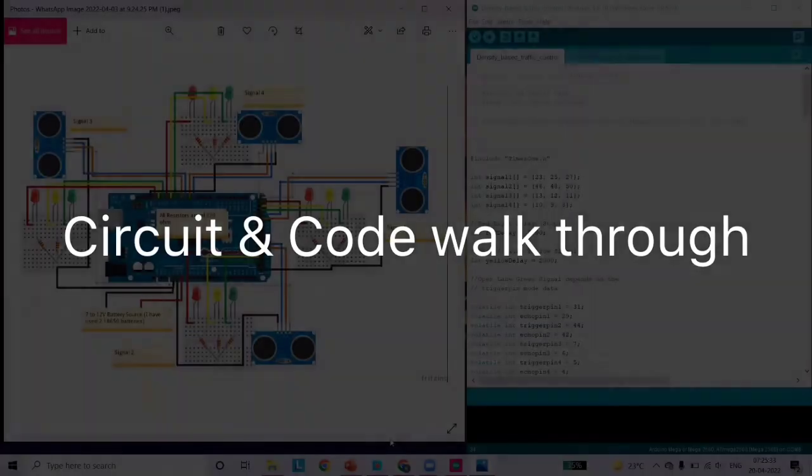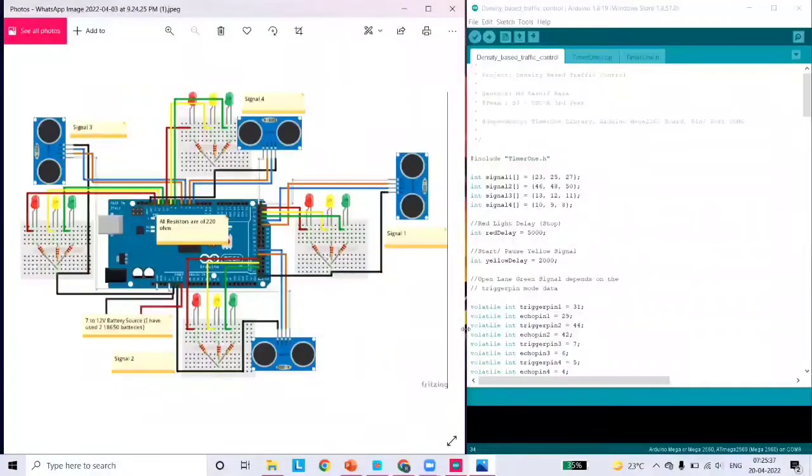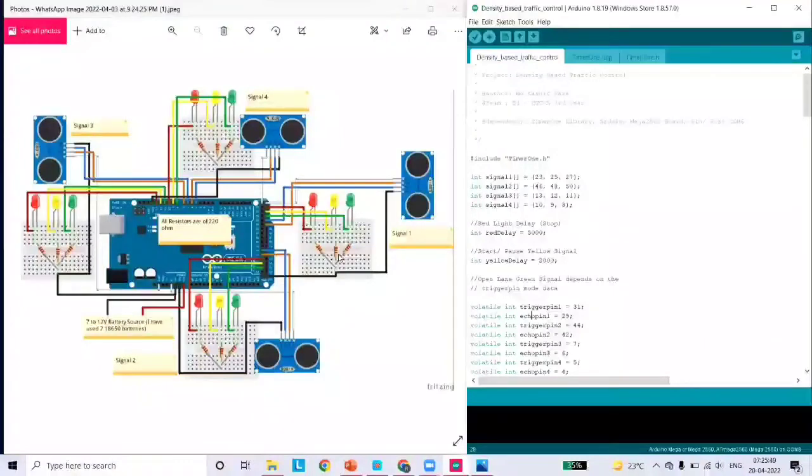Now, let's understand the circuit connections and have a look at the code walkthrough. So, as you can see, on the left hand side is the circuit diagram, and on the right hand side is the code. We have 4 sets of ultrasonic sensors and 3 LEDs, each of red, yellow and green, which represents a single traffic signal.